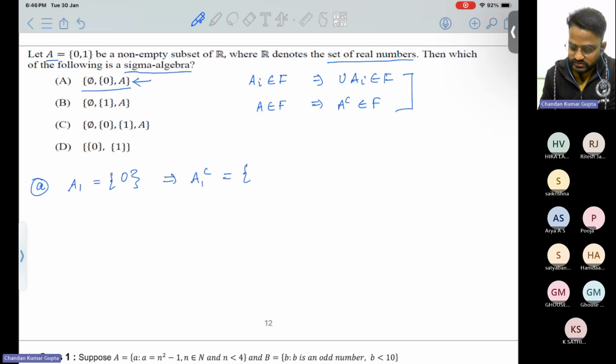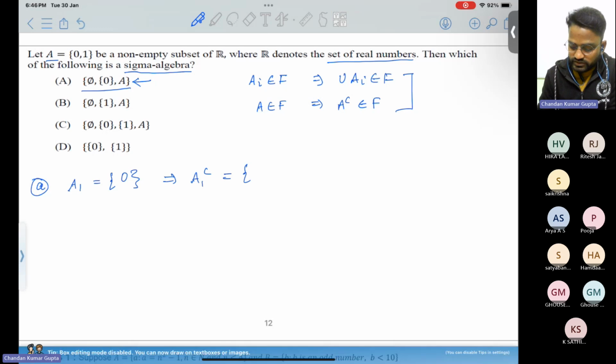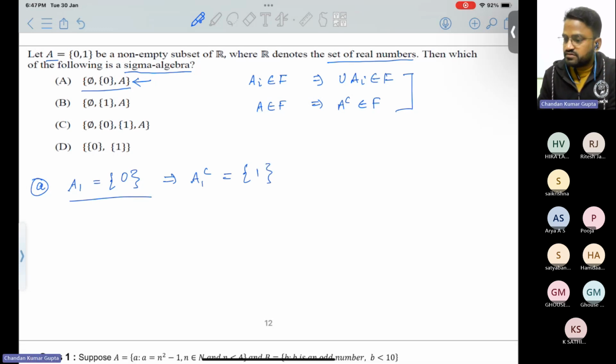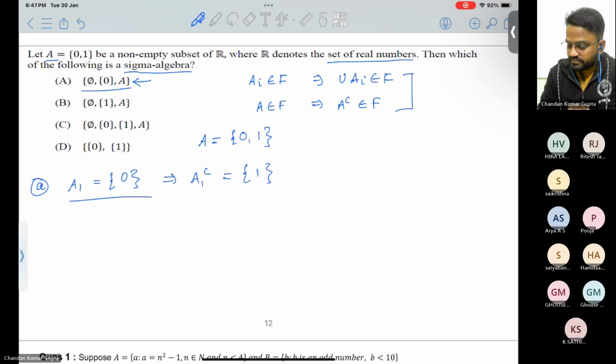It's 1, no? Because there are only two elements in A, 0 and 1.